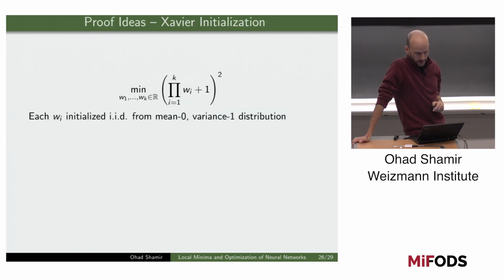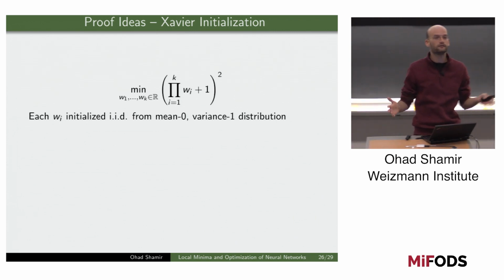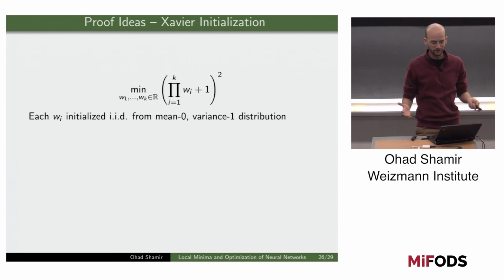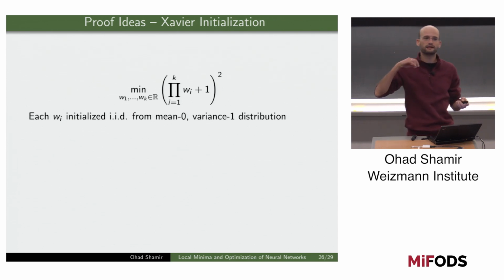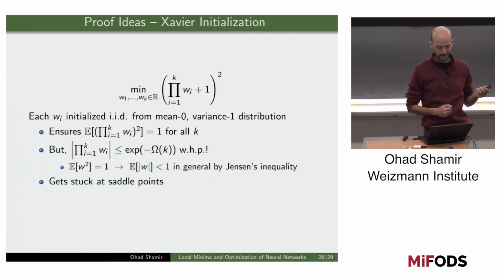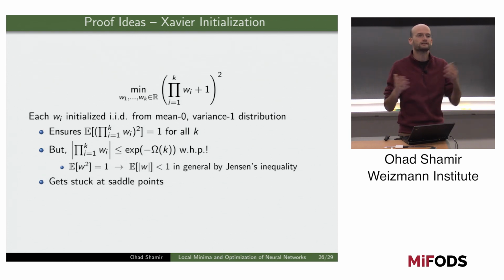OK, so starting with the standard Xavier initialization, in our setting this would correspond to initializing each WI, IID, from some mean 0, variance 1 distribution. The motivation for this kind of initialization is that it keeps the variance of everything bounded. And indeed, in our setting, the second moment of what this network computes is going to be 1, regardless of the depth.